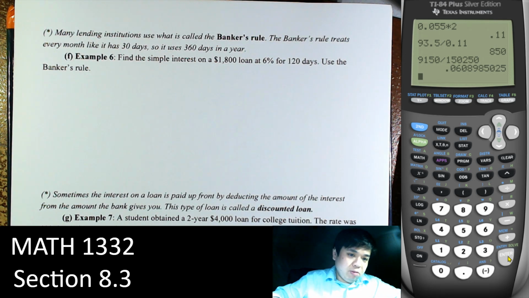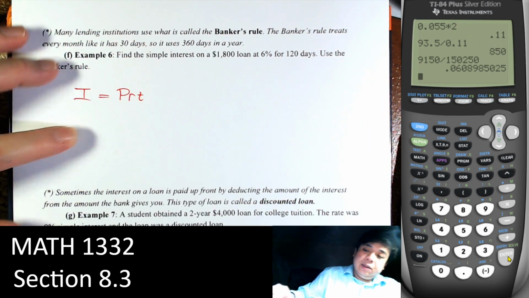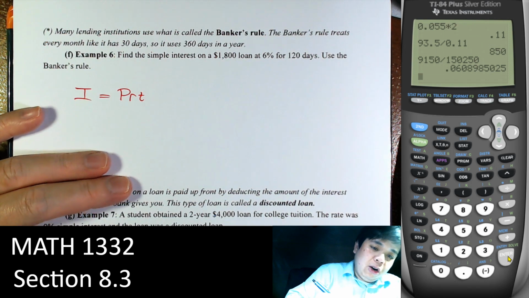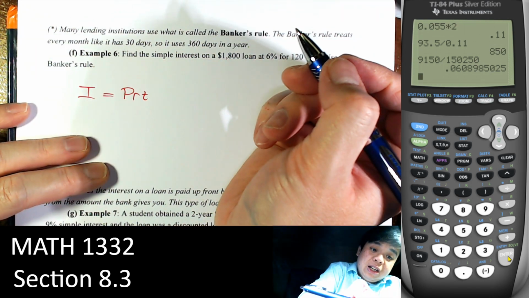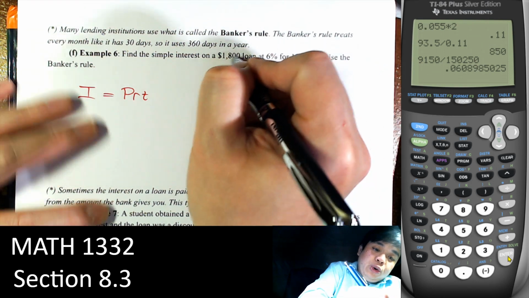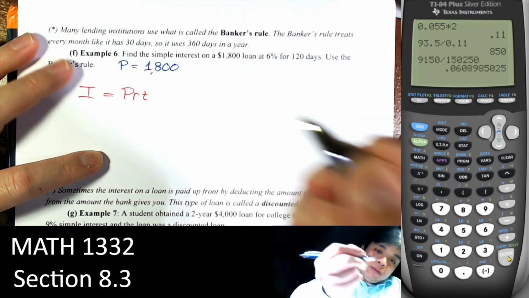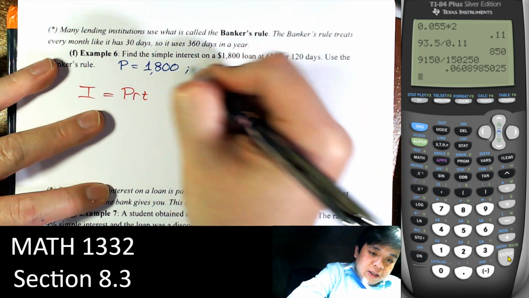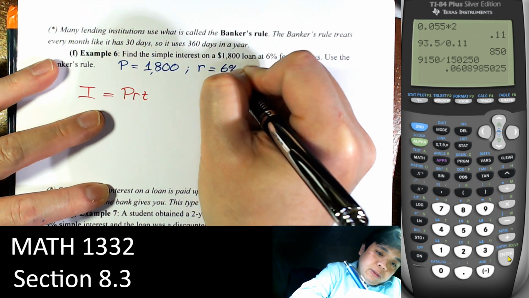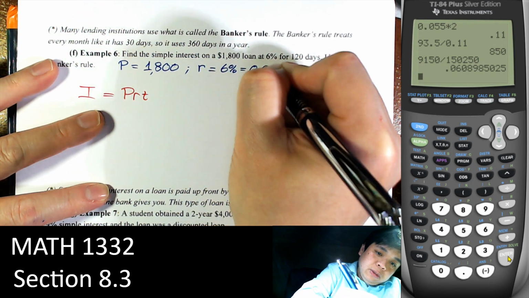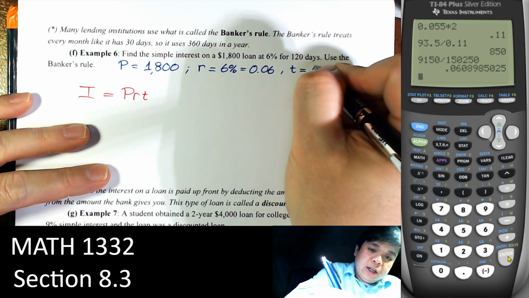Right. So it's simple. PRT. All right. So find the simple interest. So we don't know that. We do know the principal, 1800, the loan amount, and the time, 120 days.